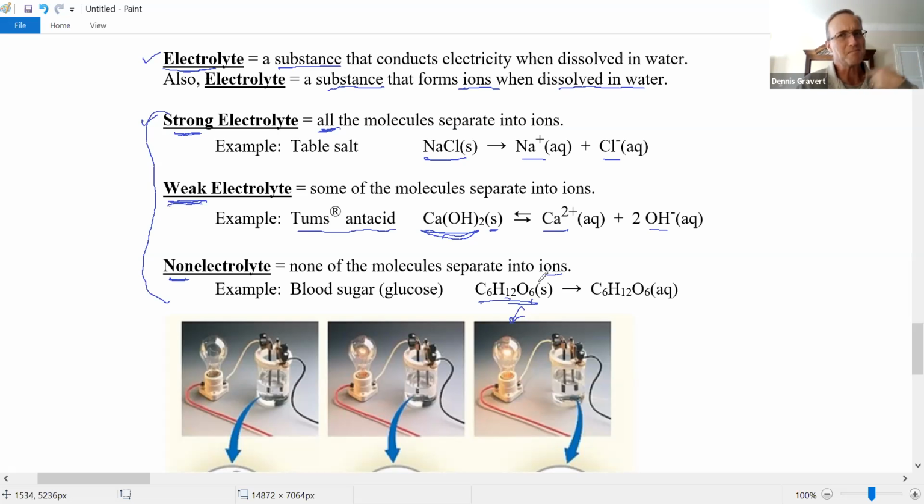How are we going to get this blood sugar through the blood if it's not dissolved in the aqueous solution that blood is, right? So if you had some sugar crystals put in water, they too shrink away, but individual sugar molecules are dissolving and moving about in the liquid. But you hook it up to a light bulb and the light bulb does not turn on because there's no ions in solution. It is not an electrolyte. It's a non-electrolyte.